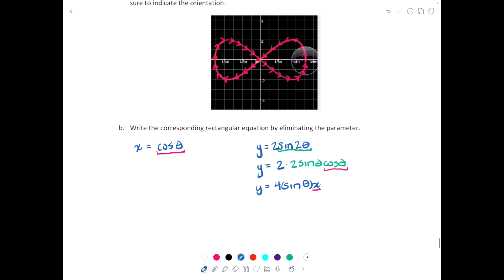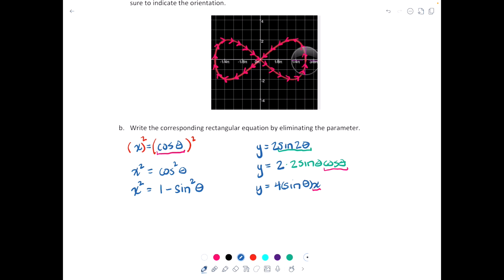Now we still have that sine theta, but I know a way that we can get to sine theta. We can square both sides so that we have x squared equals cosine squared of theta. So x squared will be 1 minus sine squared of theta.